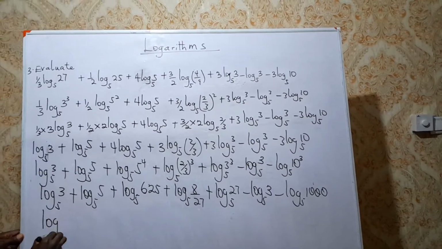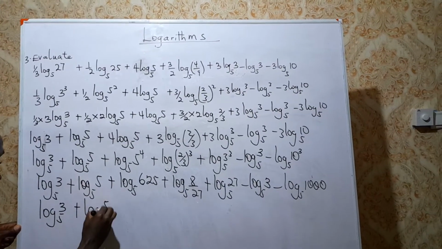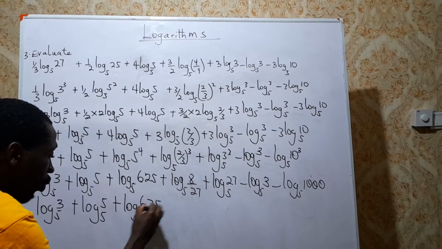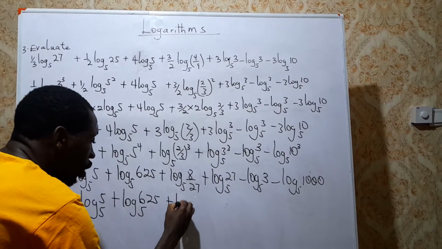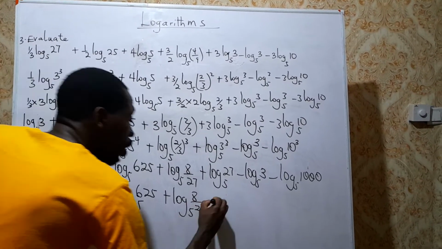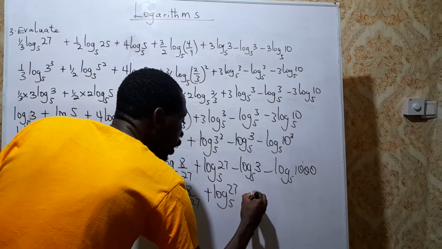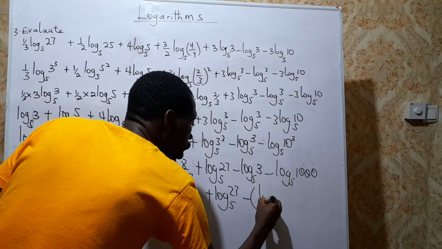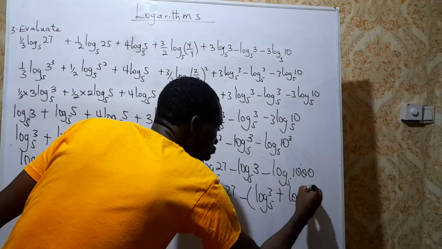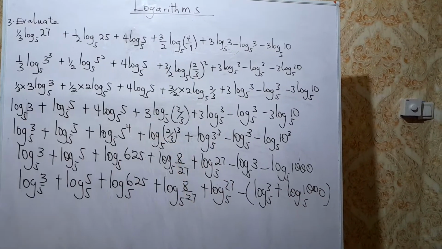So I'll repeat this: log 3 base 5 plus log 5 base 5 plus log 625 base 5 plus log 8 over 27 base 5, then plus log 27 base 5, then minus, we'll have log 3 base 5, then this will be plus log 1000 base 5. I hope you understand that, please.